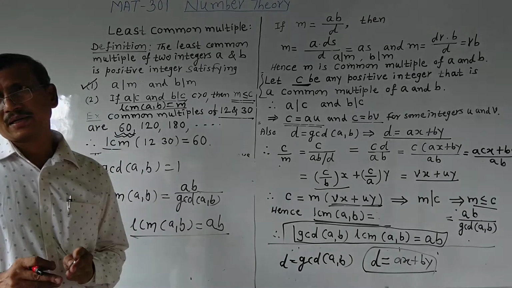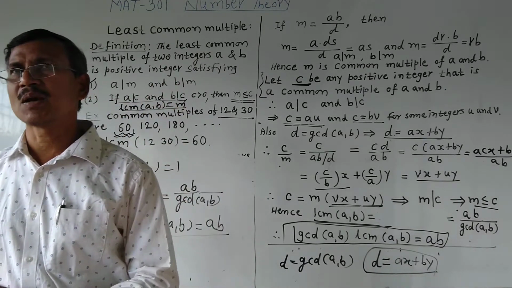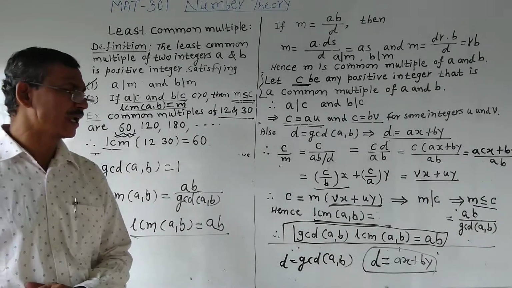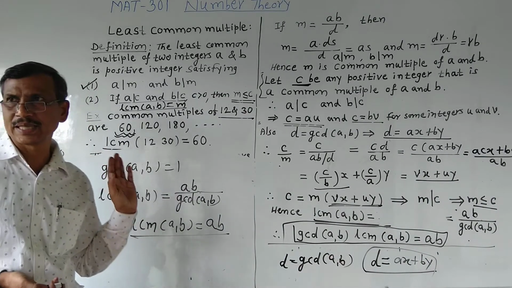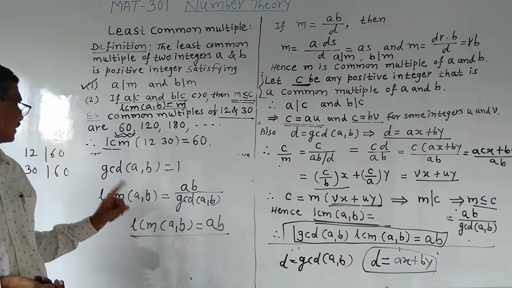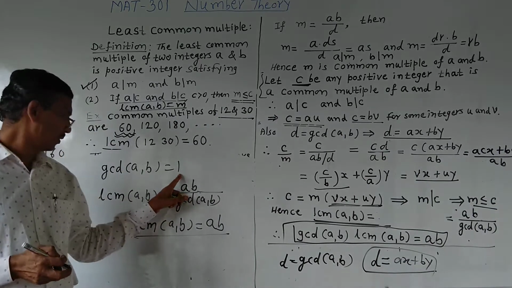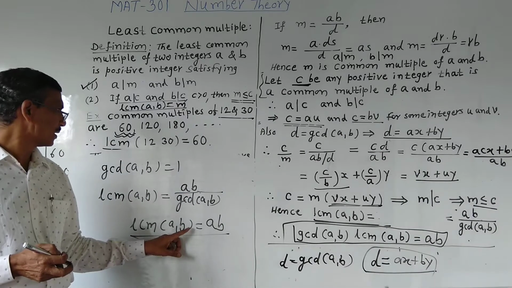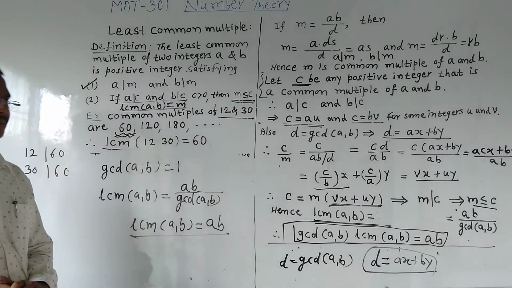Whenever a and b are relatively prime integers, then LCM of a, b is equal to a into b. Or we can state this as a corollary of the previous theorem: GCD of a, b is equal to 1 if and only if LCM of a, b is equal to a into b.